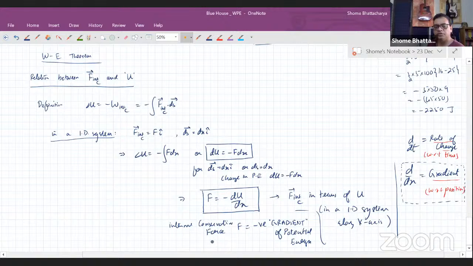So the word definition becomes that internal conservative force is negative gradient of potential energy. Yeah, Durgesh, I have explained the definition here. Just write this down. There's nothing more. Just write this formula down. This is gradient. You know how to do differentiation with respect to x, so there's nothing more to explain.